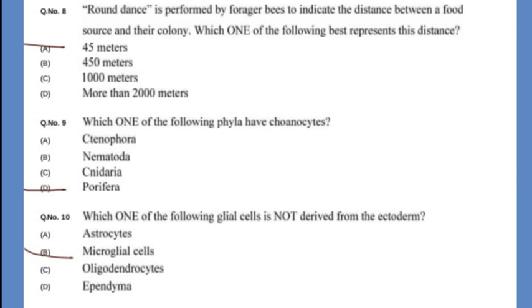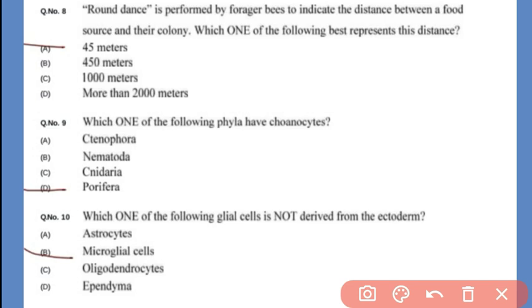These forager bees transmit this information to colony members by means of a waggle dance, and the waggle dance is carried out at a distance of 45 meters. So the answer of this question is 45 meters, option A.